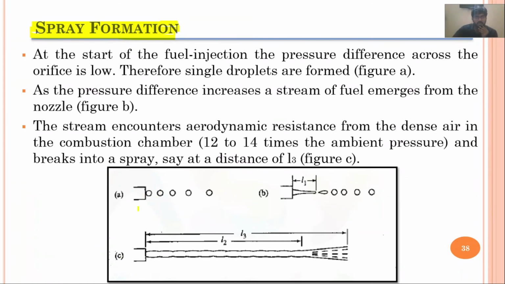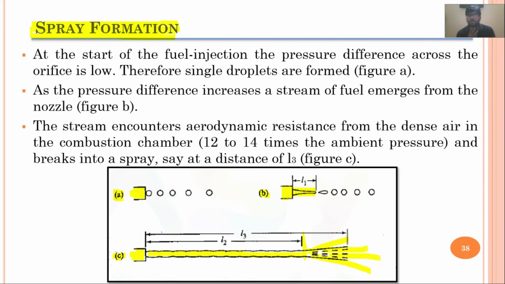Here you can see we have a figure A, and the fuel is being injected through this nozzle in the form of drops, and in figure B the fuel has now started forming a stream, and in figure C you can see the fuel has entered in the form of a stream, and then at a distance L2 this stream has started to break up, converting into spray.